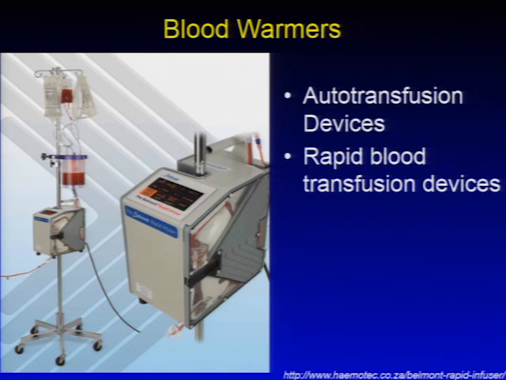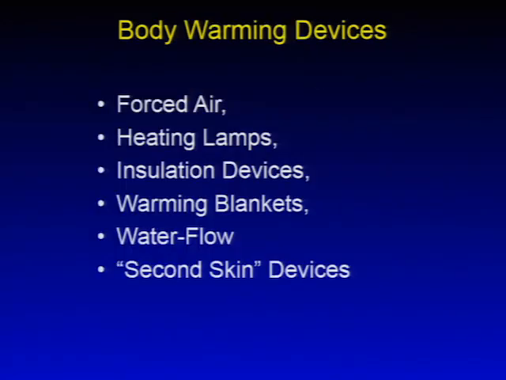Sometimes in trauma or cardiac cases, you would use an auto-transfusion device or rapid blood transfusion devices. The important part is that the system has the capability to warm up the blood in order to prevent hypothermia for those massive blood transfusions. Warming devices are not only applied for blood warmers.